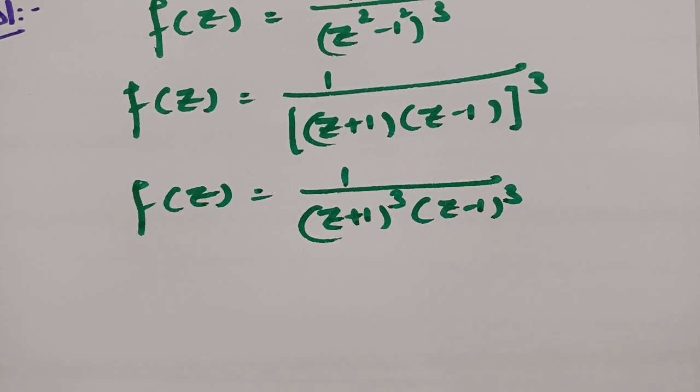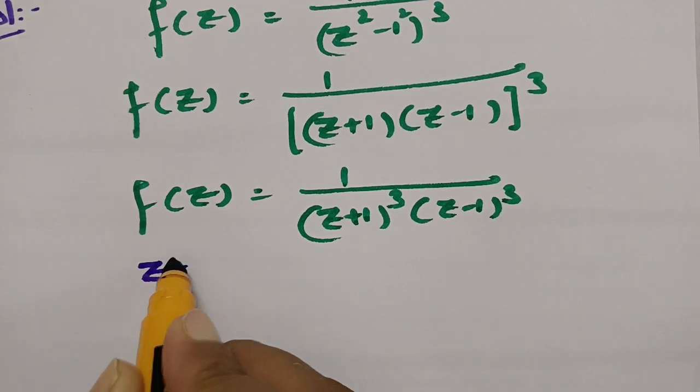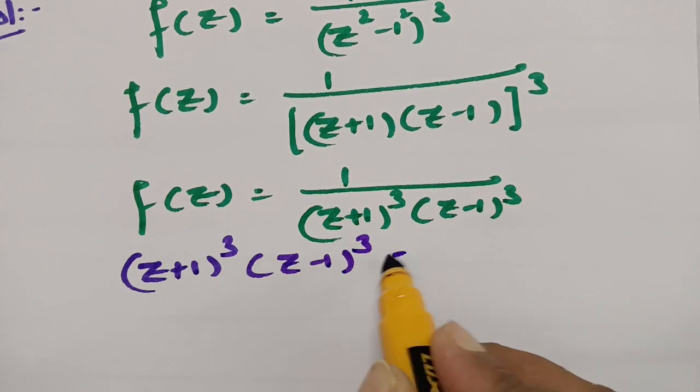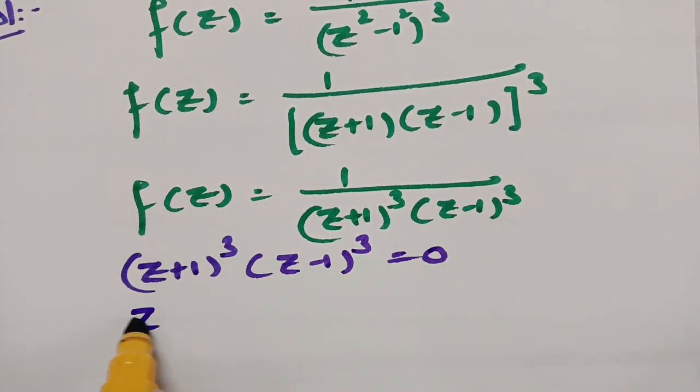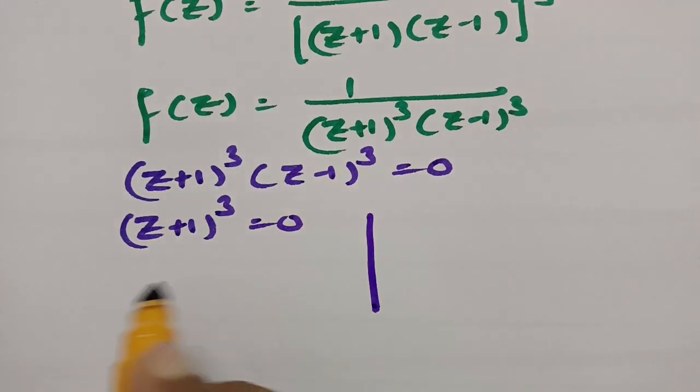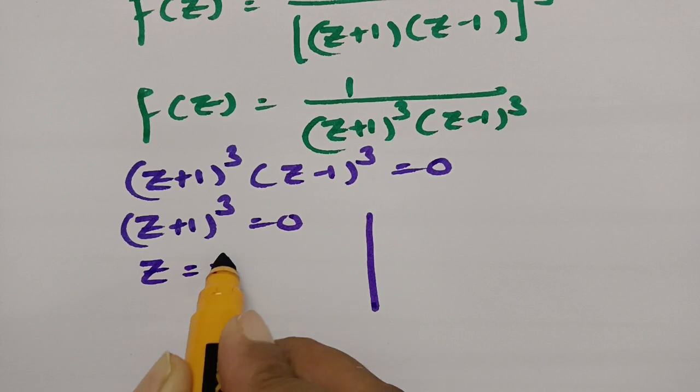Now, in order to find the poles, we have to equate the denominator to 0. So (z plus 1) whole cube into (z minus 1) whole cube is equal to 0. If I equate (z plus 1) whole cube to 0, the z value is equal to minus 1.